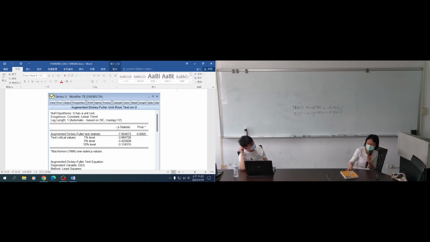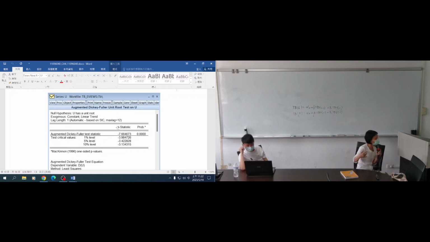So the co-integration test is to test the model's residuals. If the model's residual passes, then the whole model we don't call a spurious regression.